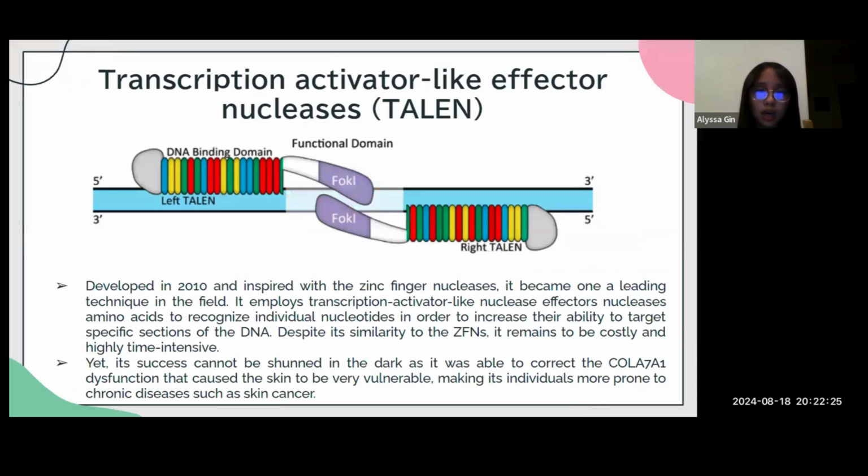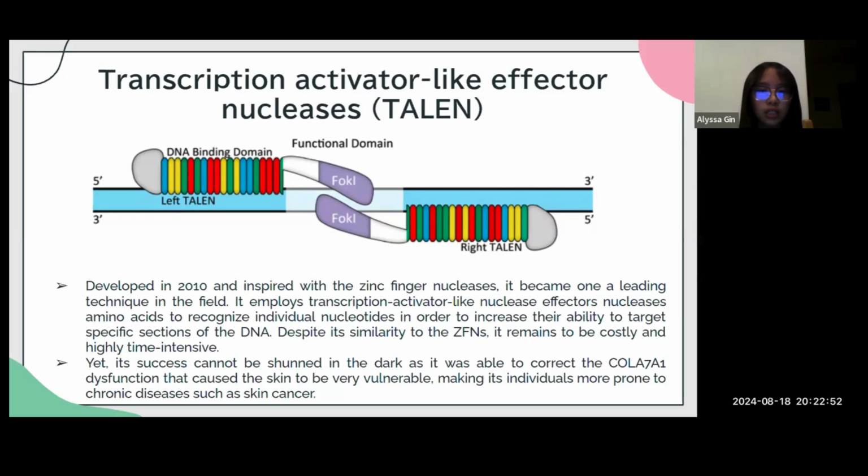The next one is transcription activator-like effector nucleases, or TALEN, and it was initially developed in 2010 and inspired by the zinc finger nucleases, and it became a leading technique in the field and employs transcription activator-like effector amino acids to recognize individual nucleotides in order to increase their ability to target specific sections of the DNA.